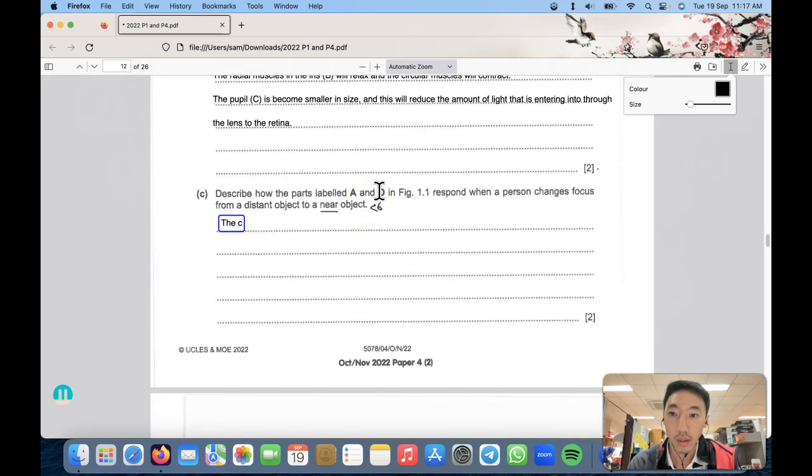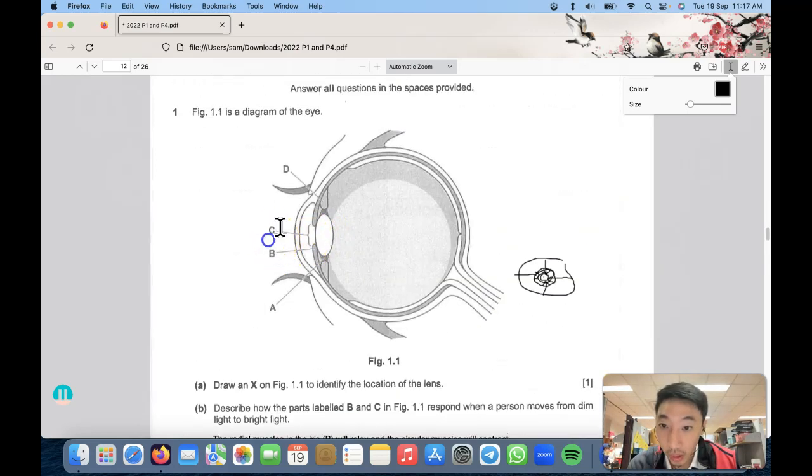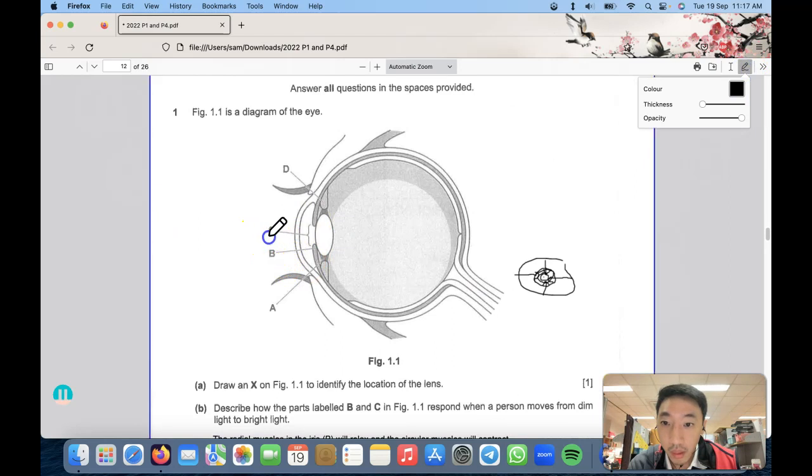So for a near object, light rays from a near object, the object is very near. So imagine I draw the object here. They're very near, so these rays are diverging.